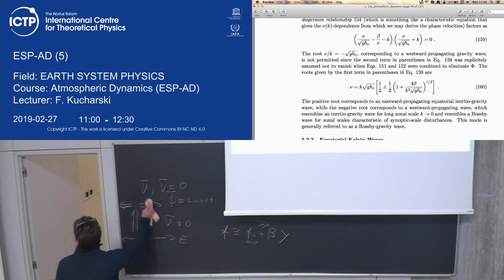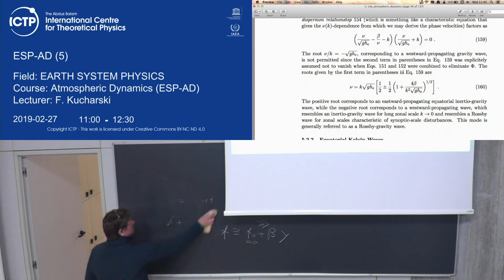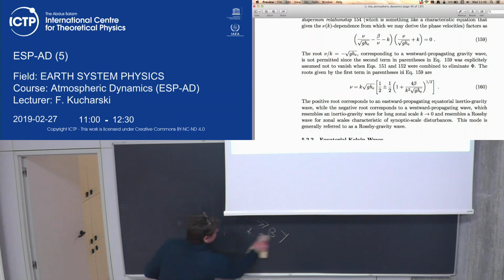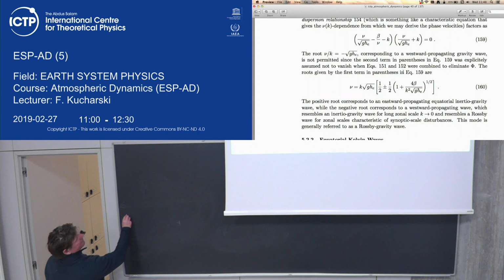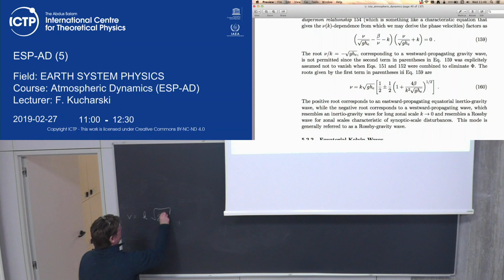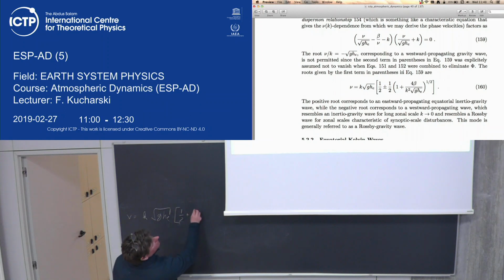Looking for a relatively short wave solution, then we have something like nu equal to k square root of gh times 1/2 plus or minus 1/2 square root of 1 plus x, and I call this x.